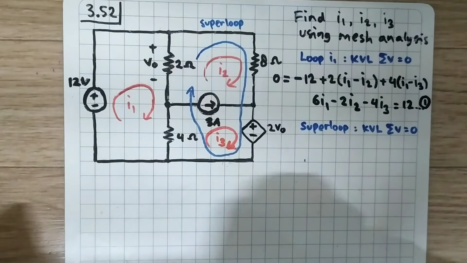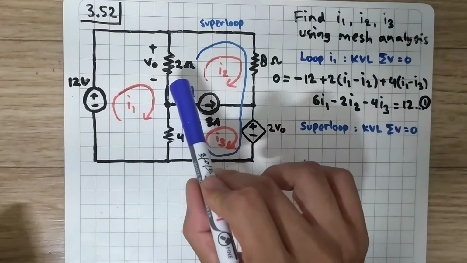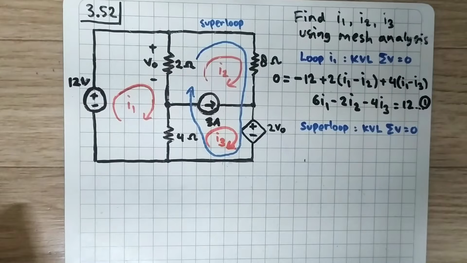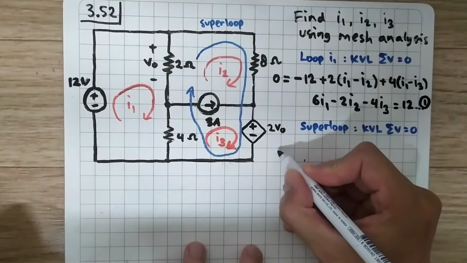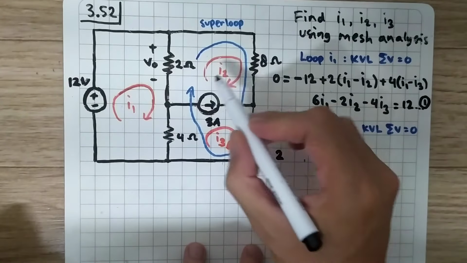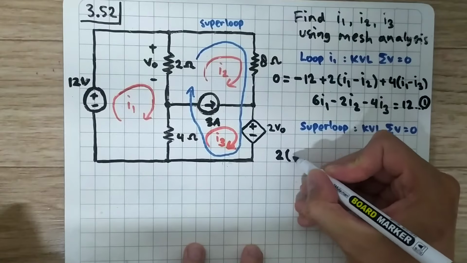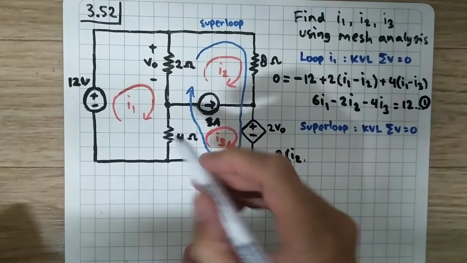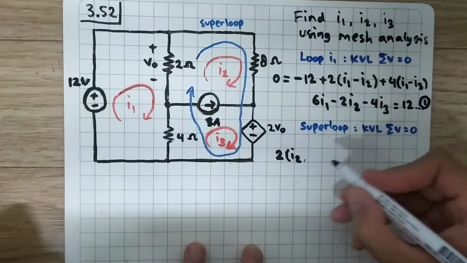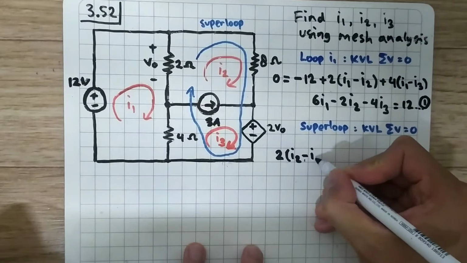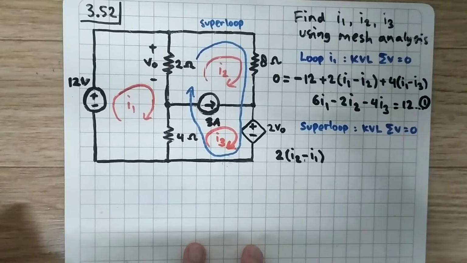So here we start from this 2 ohm resistor. The focus of it is I2, so I multiply it with I2. But here I1 is flowing in the opposite direction, so I subtract I1 from it.